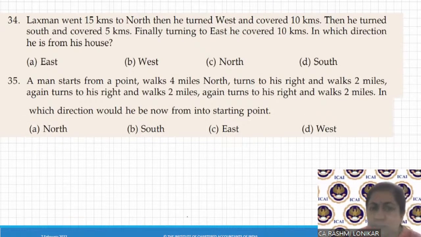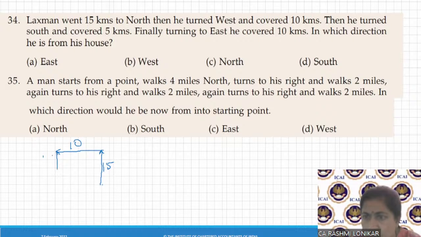Lakshman went 15 kilometers to the north. Then he turned west and covered 10 kilometers. Then he turned south and covered 5 kilometers.